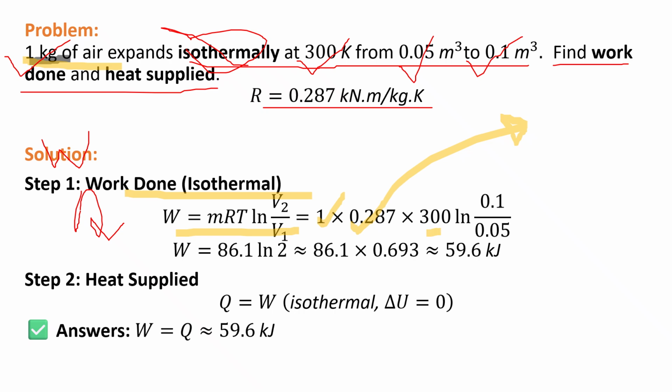T is 300 Kelvin, ln, that is log base e, 0.1 divided by 0.05. Now here to find out the value of this ln 0.1 divided by 0.05, you have to use the calculator in which ln is there, that is log base e. So some practice is needed in this case.